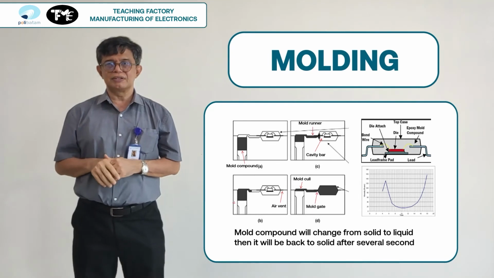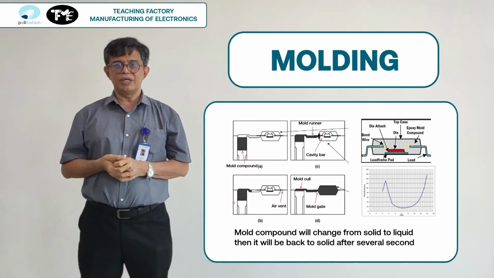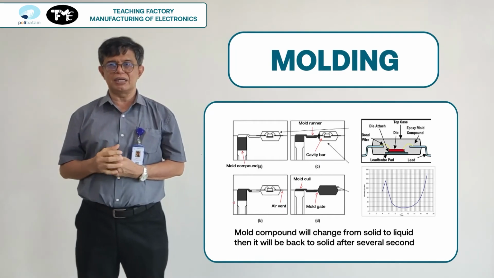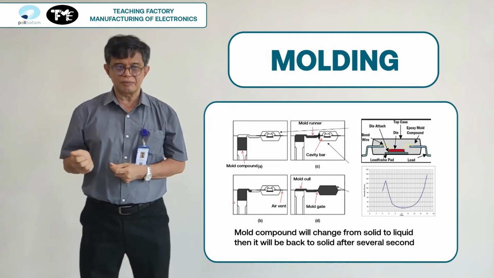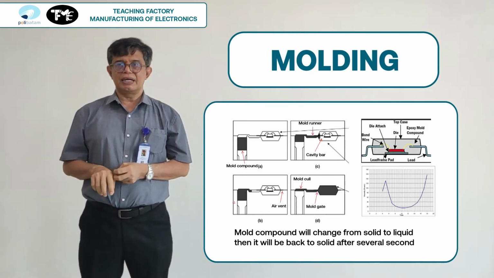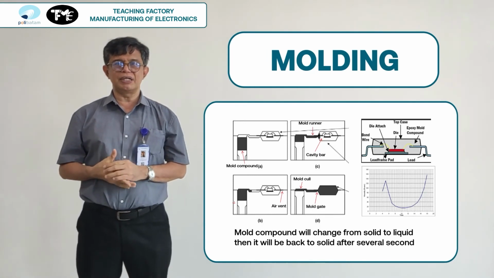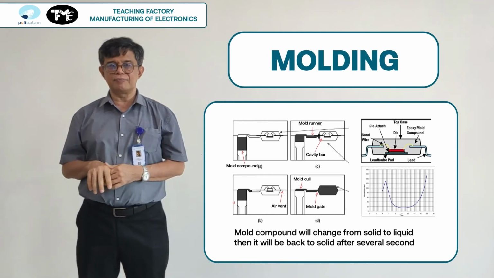After we move the mold compound into the cavity, we press with several tons of the plunger to make the mold compound cure for several seconds. After curing, it is released from the cavity. That's the flow of the molding process.